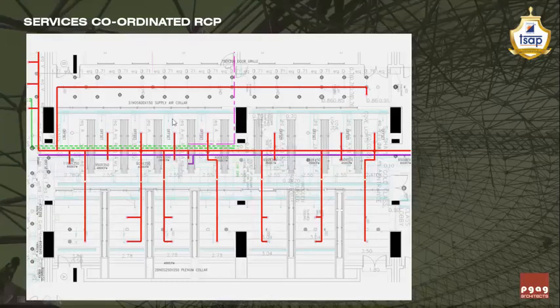In this particular coordinated RCP, we are supposed to show the services in much detail and the false ceiling elements a little lighter, so that the services contractor gets his line out perfectly.